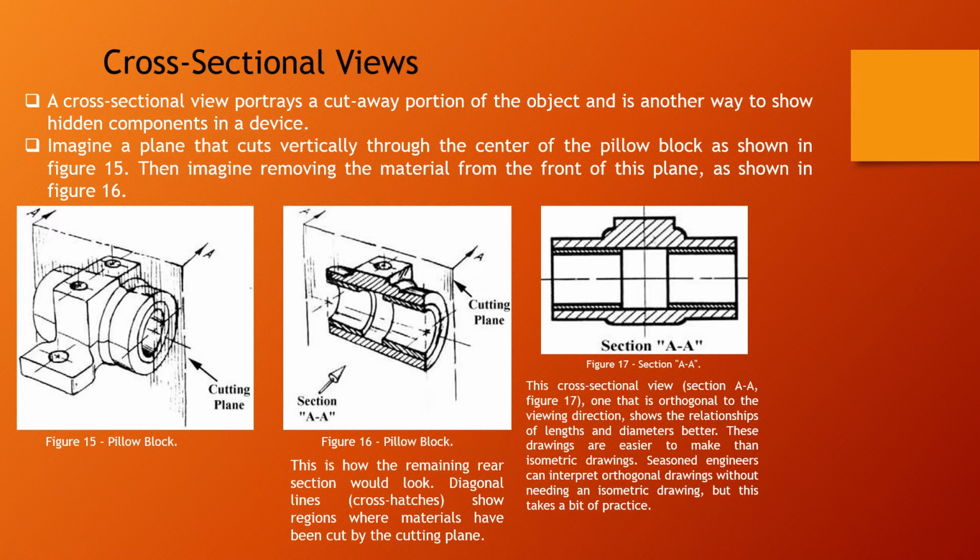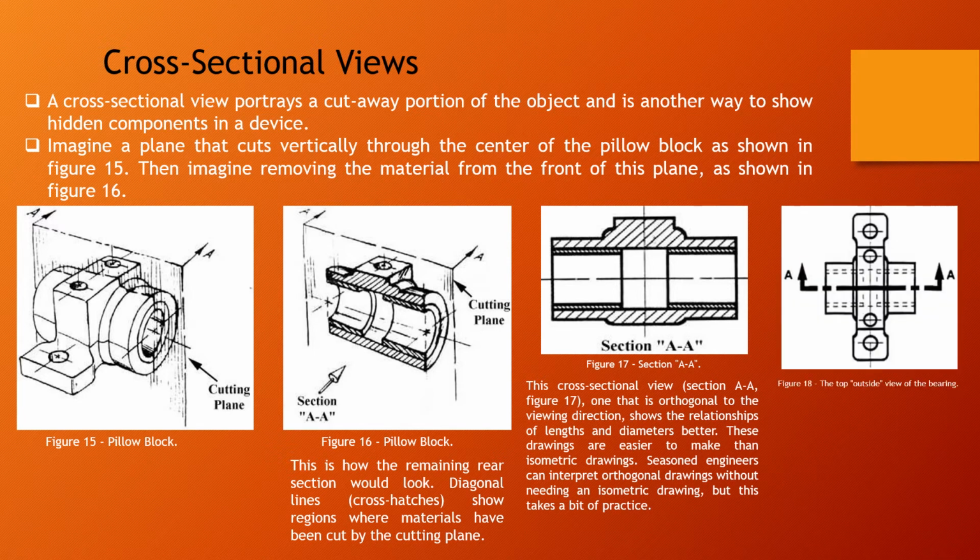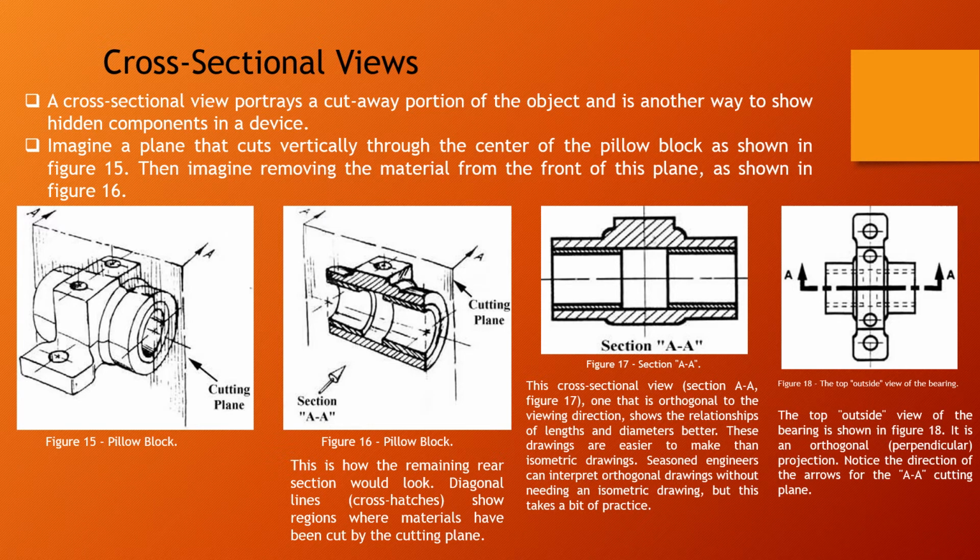Second, engineers can interpret orthographic drawings without needing an isometric drawing, but this takes a bit of practice. In figure 18, the top outside view of the bearing is shown. It is an orthogonal perpendicular projection. Please notice here the direction of the arrow for the AA cutting plane.